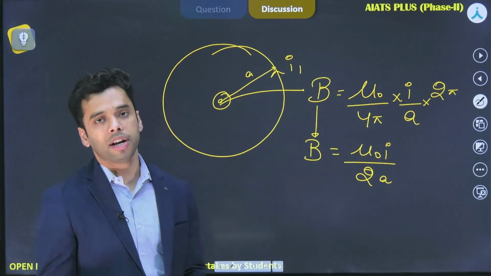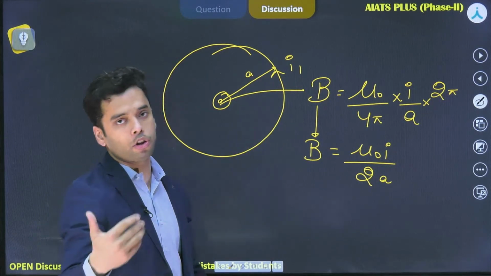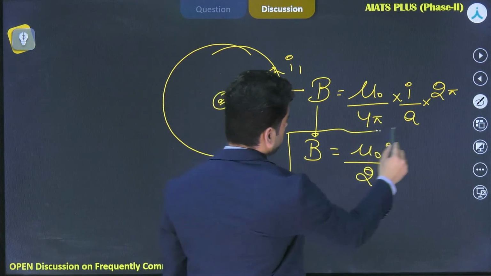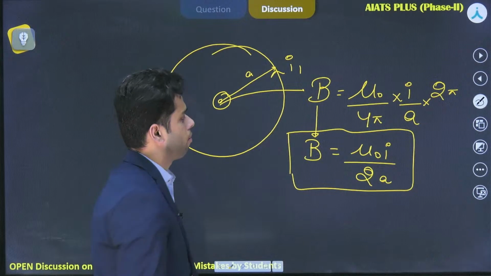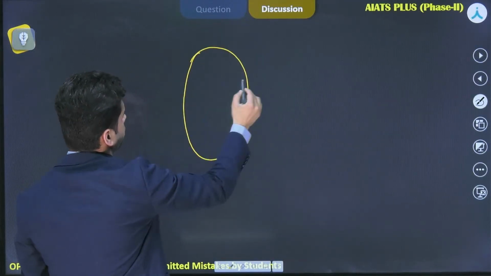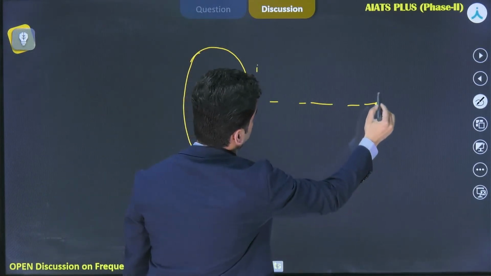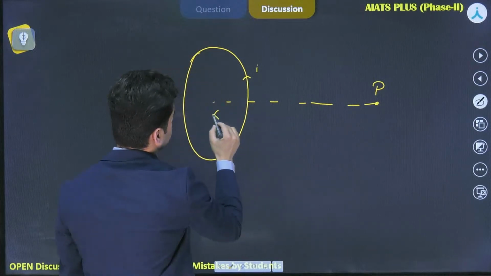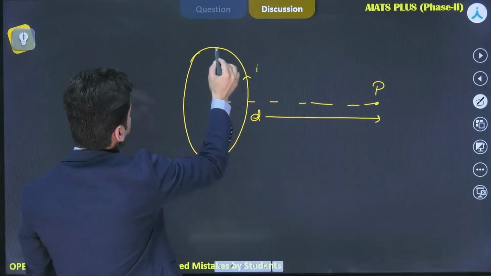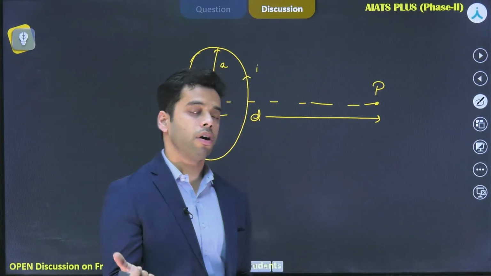And how to find the direction? You can curl your fingers along this sense, and your thumb will give you the direction. So B is equal to mu naught I by 2A. And if you have a coil carrying I, and you want to find the field at an axial point P, which lies at a distance D, and the radius is A. So you have two kinds of points for a circular coil: one is the axial point, and one is the center.